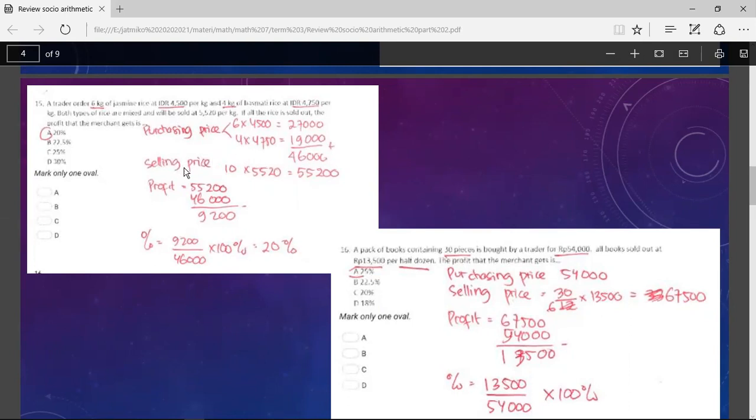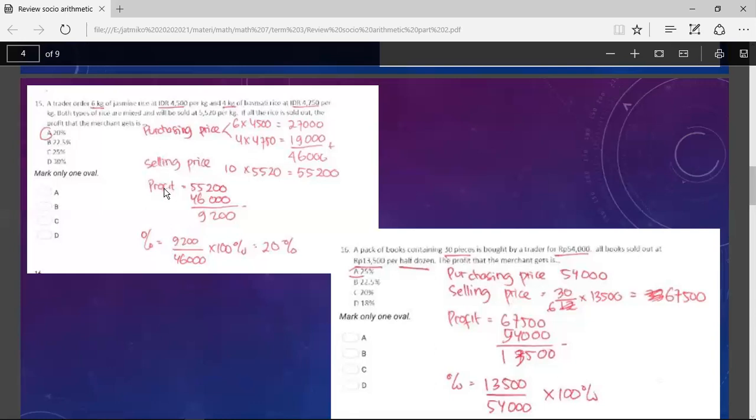And then they sold it at 5,520. Here we have 10 kilograms, because of 6 kilograms of jasmine and 4 kilograms of basmati, so the total is 10. This is the money that we get, 55,200 rupiah.